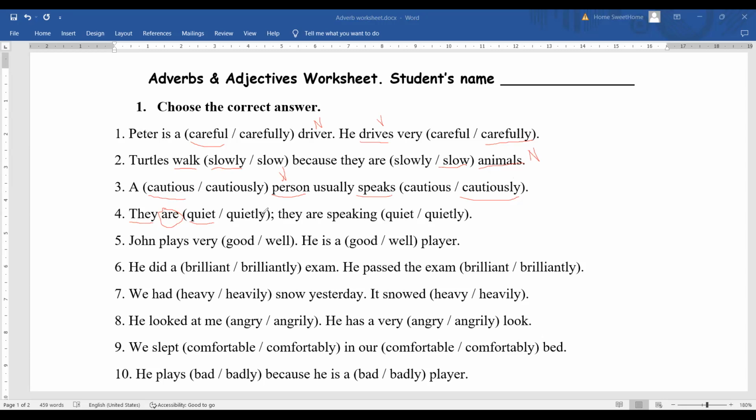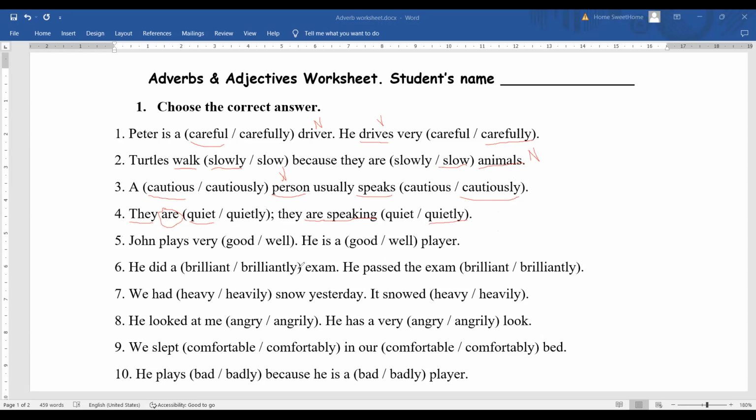Ly means adverb, and an adverb describes an action, a verb. Like in this case, they are speaking quietly. Yes, right, because we are describing the verb are speaking. We always can put a question how to a verb, how something is done, quietly, cautiously, carefully, slowly, etc. Number 5, John plays very good or very well.